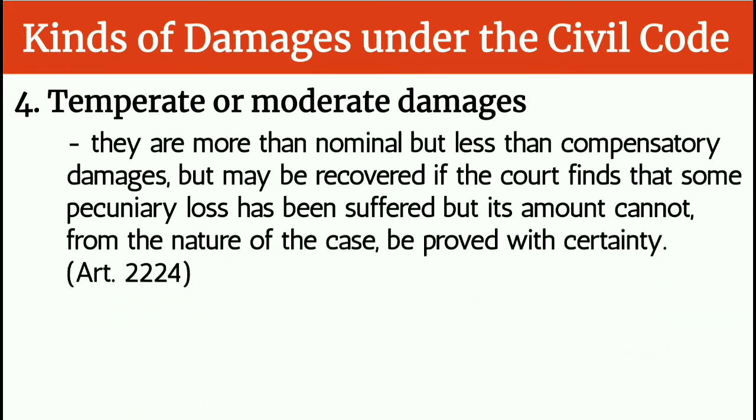This is Article 2224 of the new Civil Code of the Philippines. So yung temperate or moderate damages, ito yung nasa gitna ng nominal damages at compensatory damages. This may be recovered if there is a pecuniary loss. But the amount of the pecuniary loss is not certain.